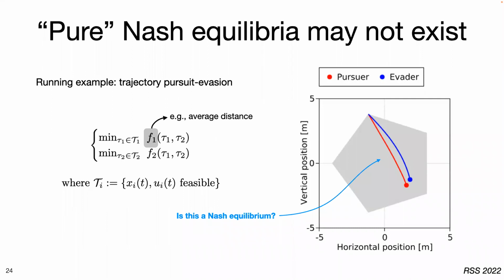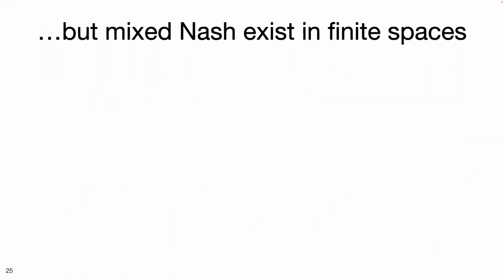You can probably convince yourself that this is likely not a Nash point, because the evader can probably do something better than getting caught if the pursuer is fixing their strategy. So pure Nash might not exist. But the thing that we do know is that mixed Nash always exists as long as the action space is finite.